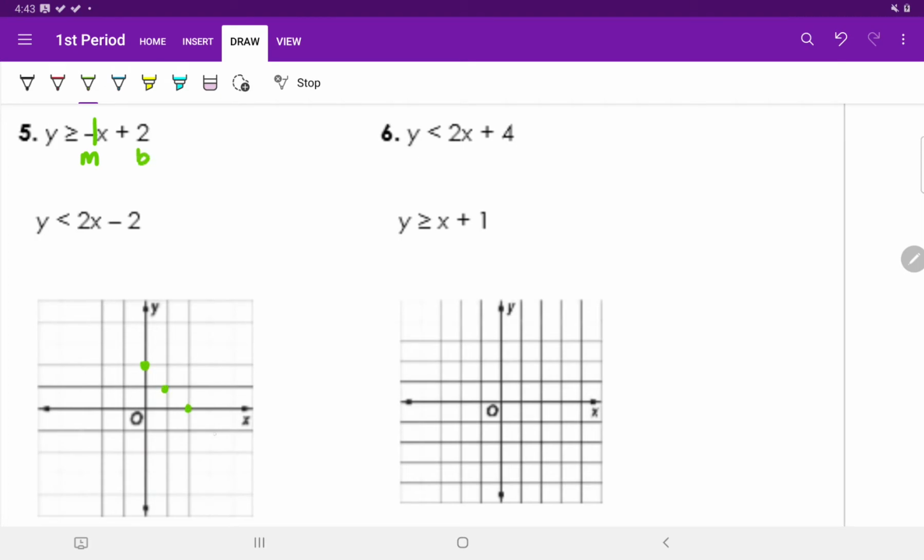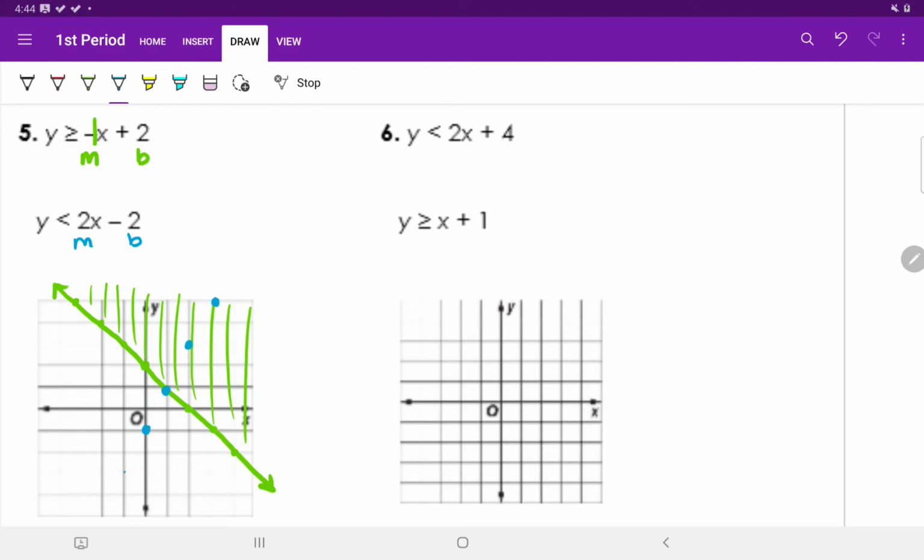So we'll go down 1 and right 1, and then draw a solid line and shade above. For the blue line, we have an m of 2 and a b of -2. So our slope is going to take us up 2 and right 1, and then down in the other direction as well, continuing the pattern.